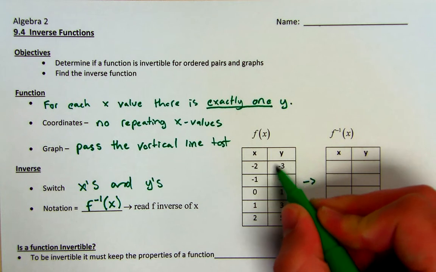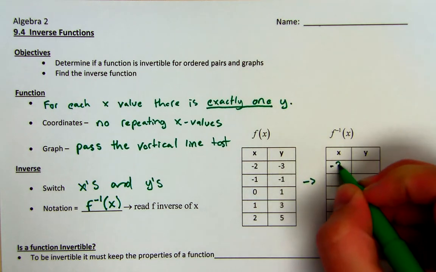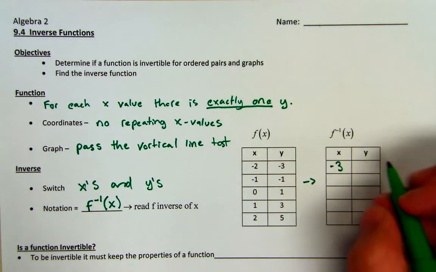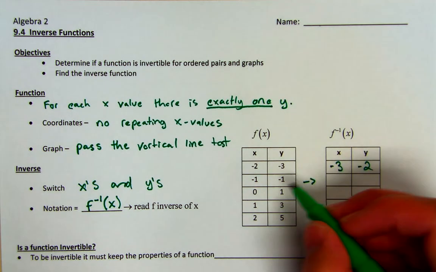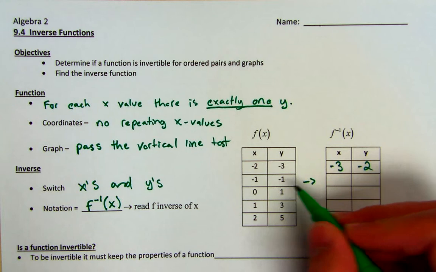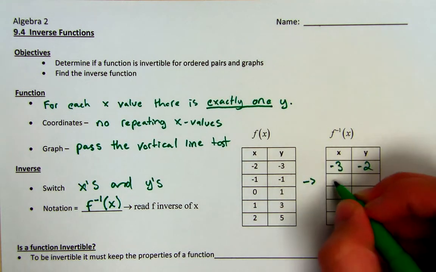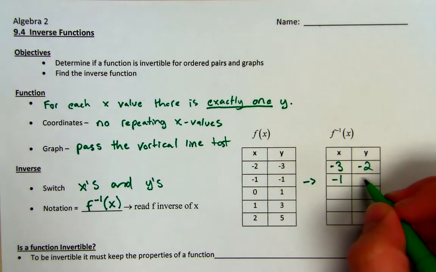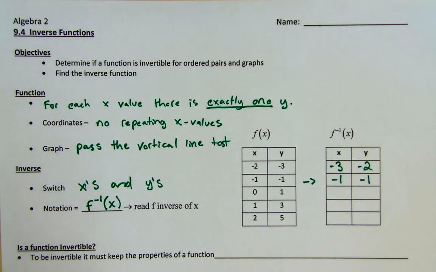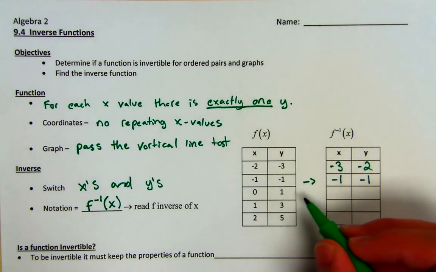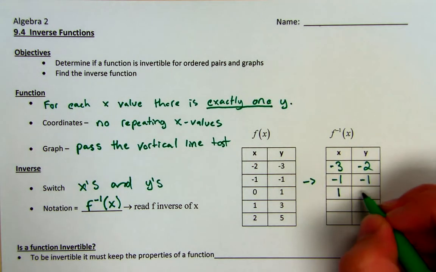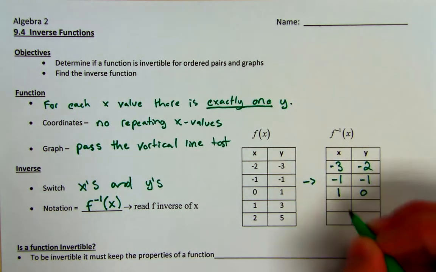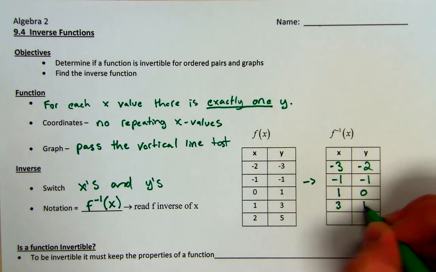So the y value is going to become the x, -3, and the x value is going to become the y, -2. For the second point, we have -1, -1. The y value will become the x, and the x value becomes the y. Again, for 0, 1, we're going to make the y value the x, so x is now 1, and the y is 0. And again, we can repeat it for the rest of the table.